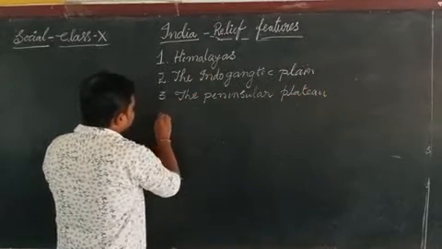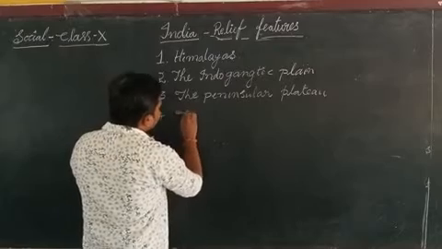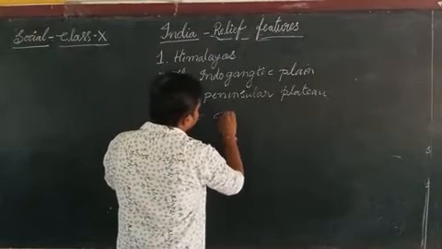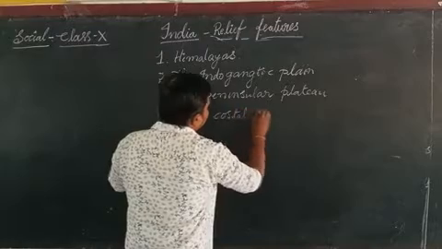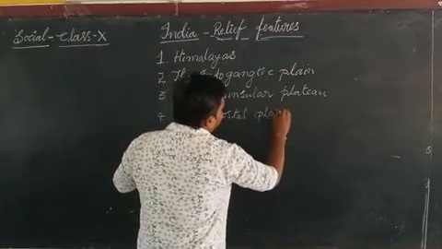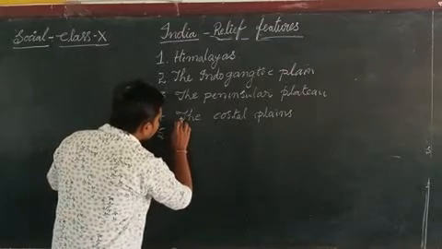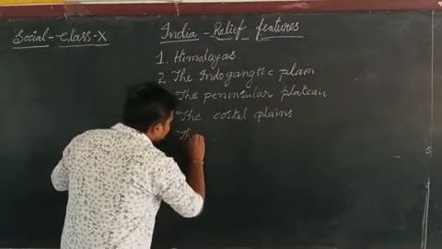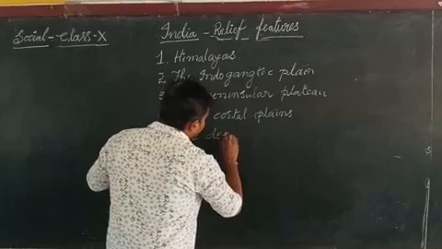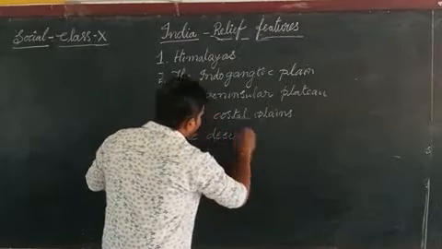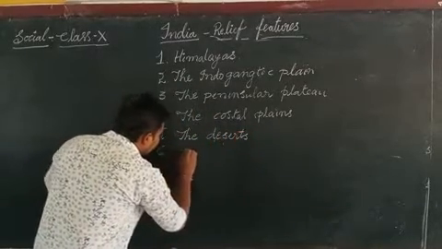Fourth one is the coastal plains. Fifth one is the deserts. And sixth one is the islands.